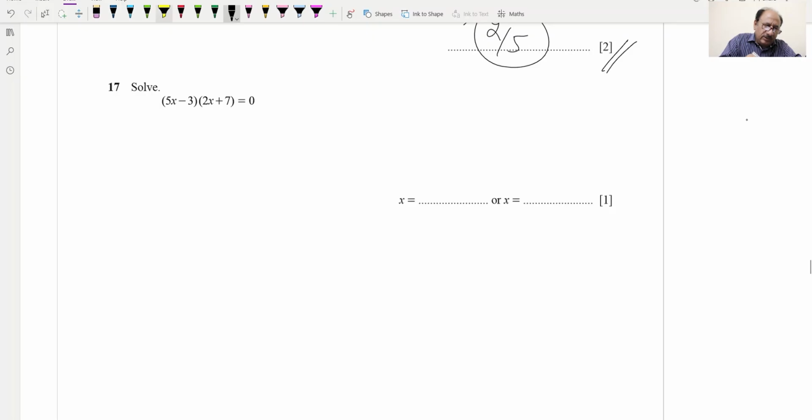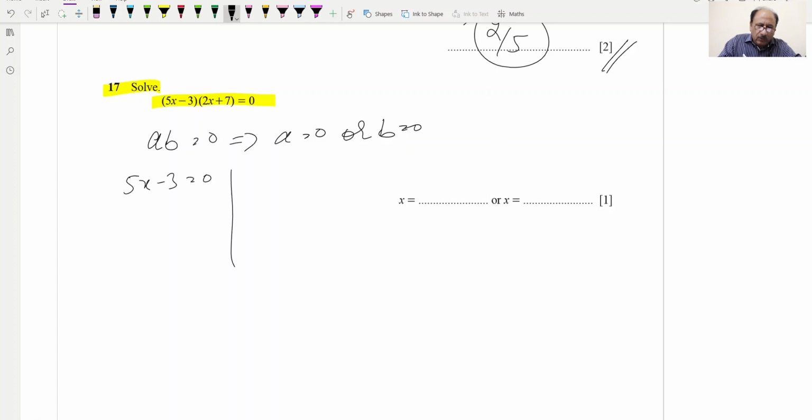Question number 17 says solve this. So we can write, when a times b is equal to 0, this implies what? A is equal to 0 or b is equal to 0. So this is the rule by which we are doing this. So 5x minus 3 is equal to 0, or 2x plus 7 is equal to 0.